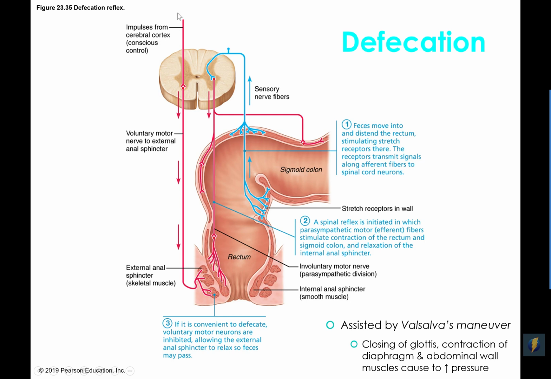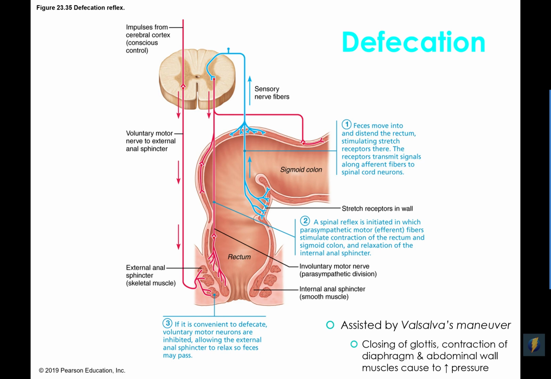However, of course, you're getting impulses from the cerebral cortex as well to say, oh hey, the intestine tells me it's time to get rid of these feces, but it's not really a good time to do that. And so you will maintain control of that external sphincter until it is a proper time to defecate, and then you can pass your feces.